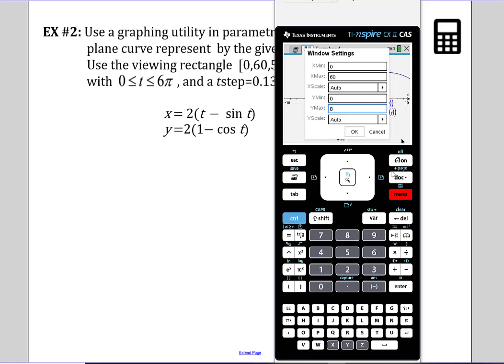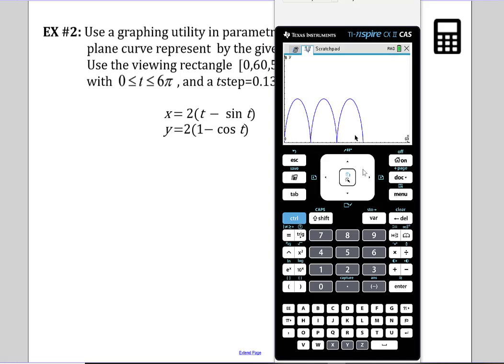And take a look at that. Okay, so we say okay to that. And there you can see we get 3 iterations of that cycloid, and you can sketch that on your paper if you'd like.